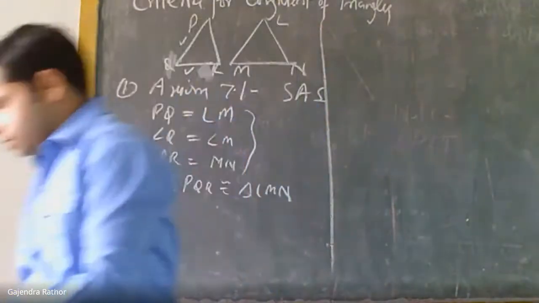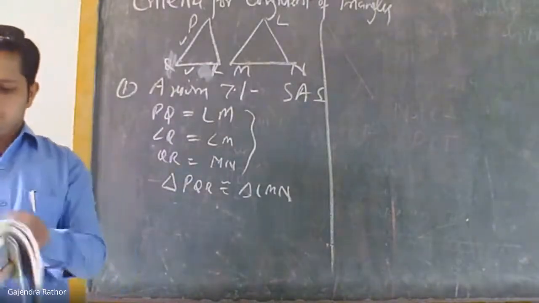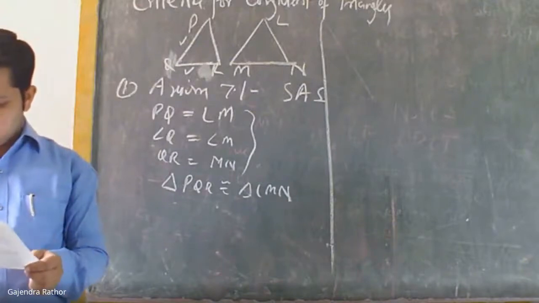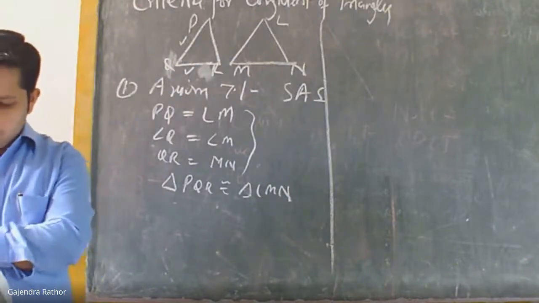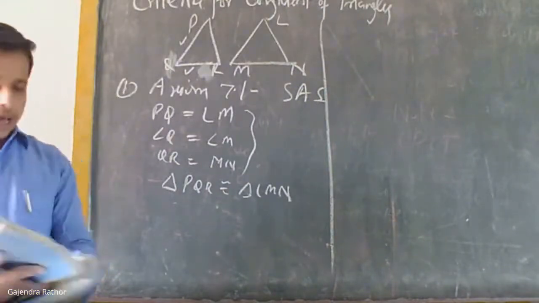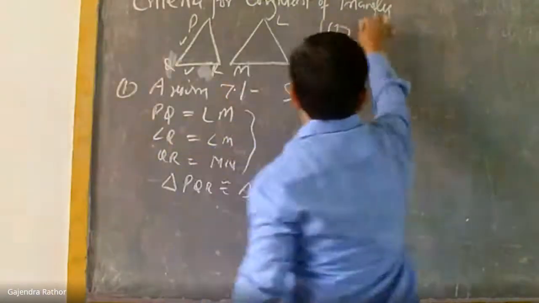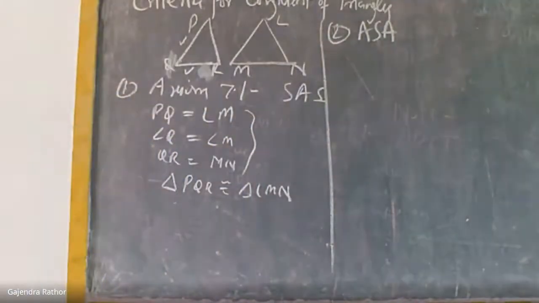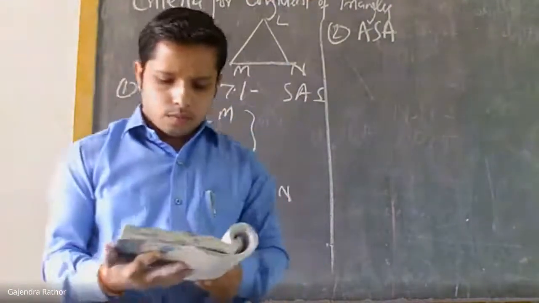The next is the ASA congruence criterion.